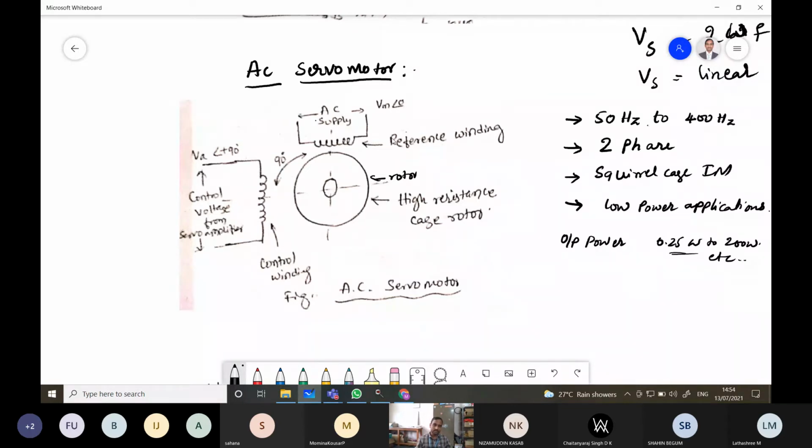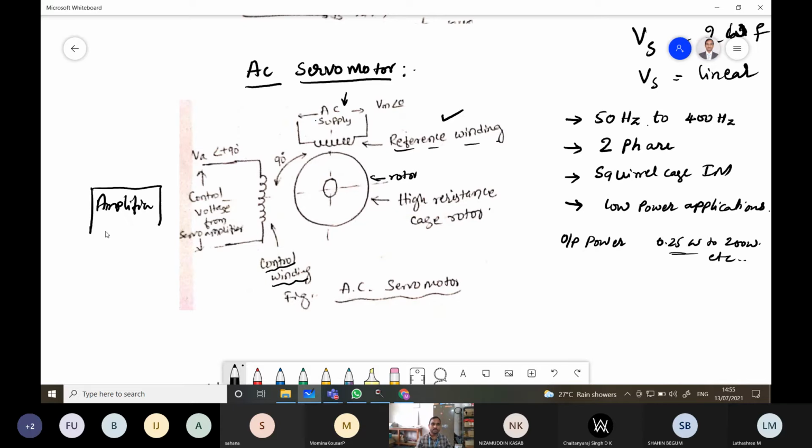One is the reference winding, also called the main winding, and another one is called the control winding. The AC supply is given to the main winding, so the voltage Vm at an angle 0 is applied here. Another winding is called the control winding, with control voltage from the servo amplifier, so we have to use some amplifier circuit here.